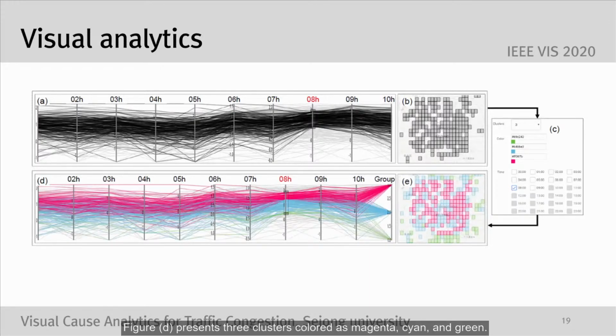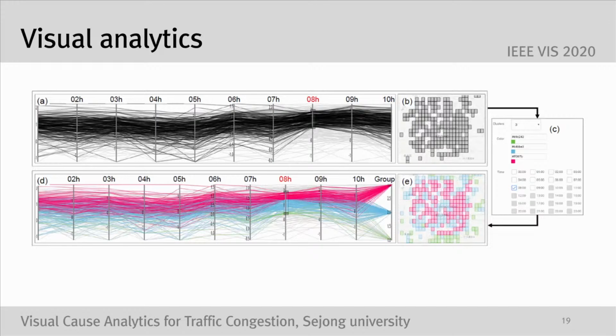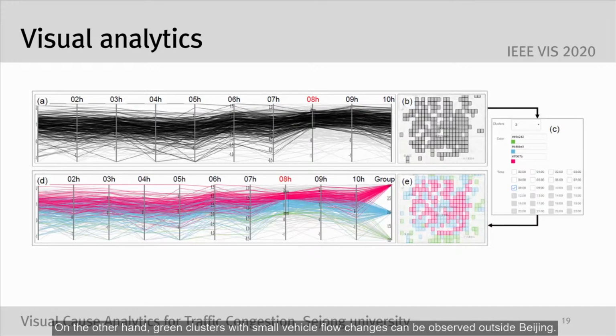Figure D presents 3 clusters colored as magenta, cyan, and green. The magenta and cyan clusters with large vehicle flow changes are concentrated at the center of Beijing as shown in figure E. On the other hand, a green cluster with small vehicle flow changes can be observed outside Beijing.